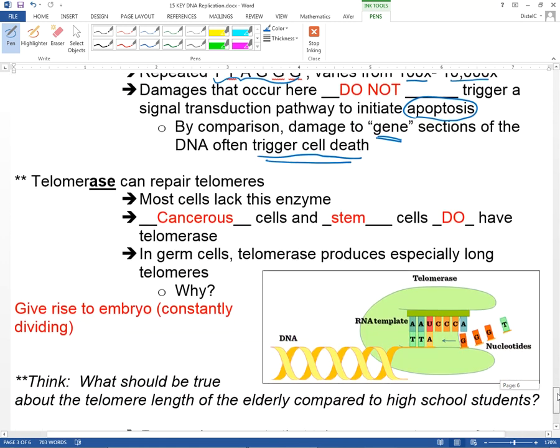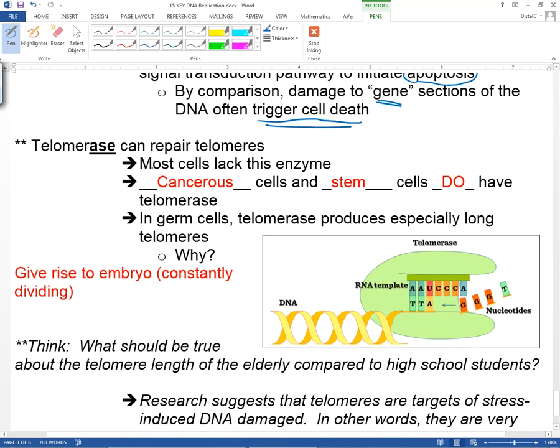The interesting thing is that there is an enzyme called telomerase that can replace telomeres. But most cells don't have this enzyme. What they have found, interestingly enough, is that cancerous cells, remember these are dividing over and over again, and stem cells actually do have this enzyme.